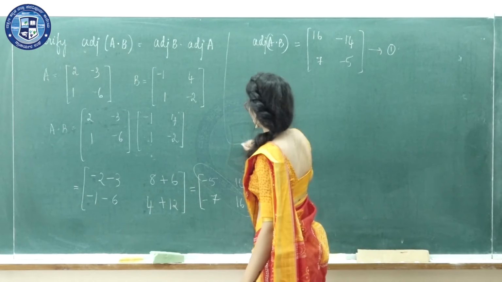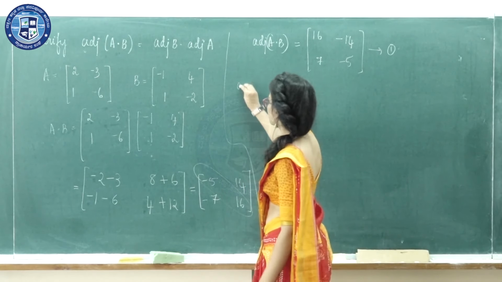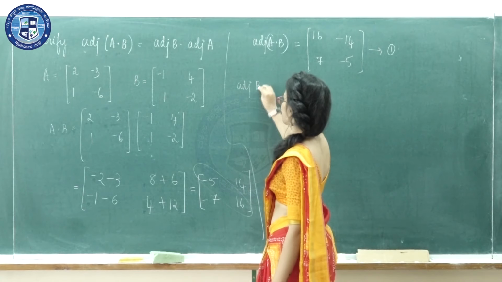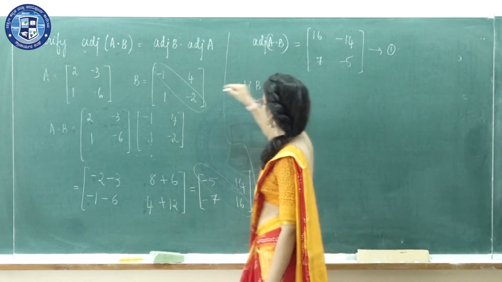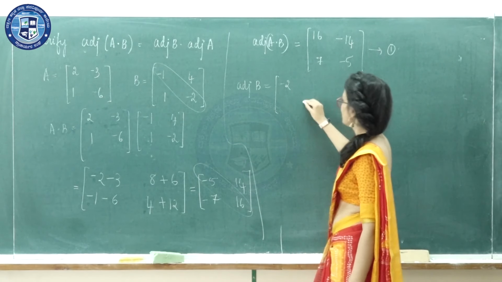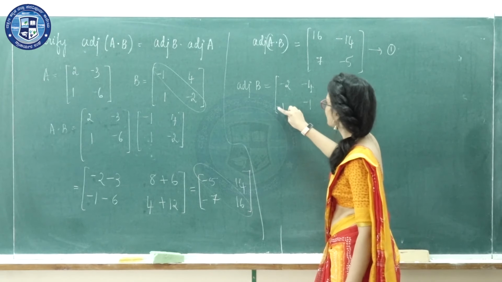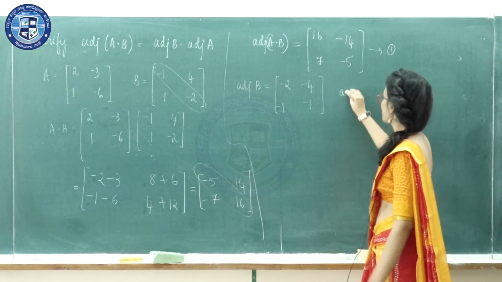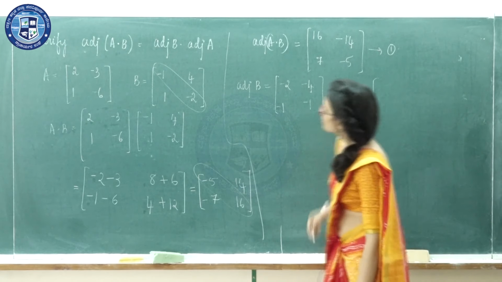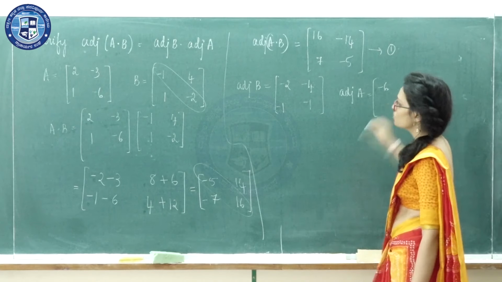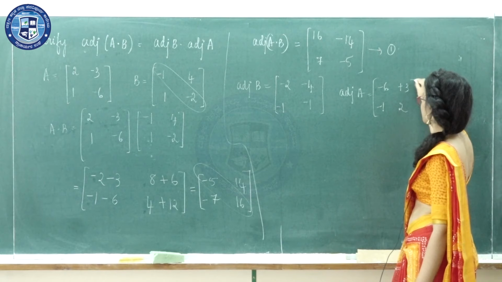Okay. Now, let us find what is adjoint B into adjoint A. So, first let us find what is adjoint B. So, adjoint B is equal to, we interchange these two terms. So, we get minus 2 minus 1, then change the signs, 4 and minus 1. Adjoint A is equal to, again same method, minus 6, 2 and change the signs, you get minus 1, plus 3.